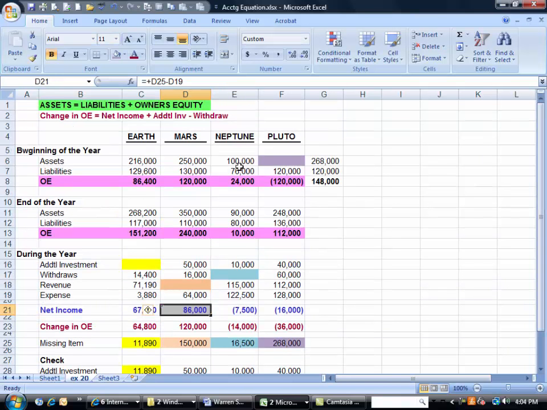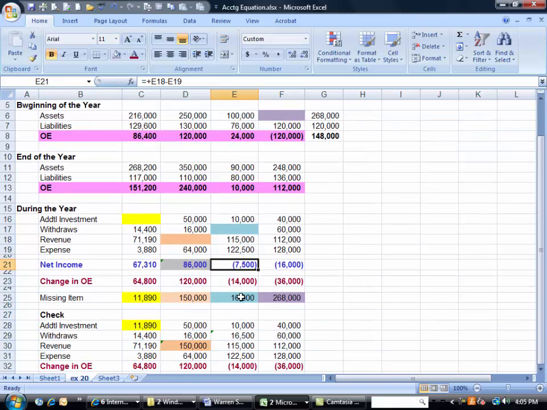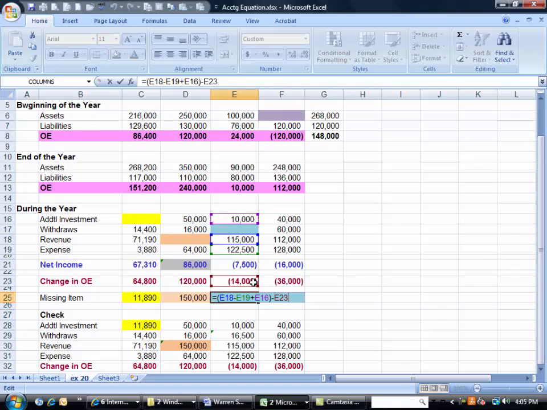Okay, let's go back up and do Neptune. Same thing, they gave you all the important pieces here. So I came down and I found my change in owner's equity. I could do my net income. And then my missing piece is, once again, my change in owner's equity, less my revenue, plus my expense, less my investment.